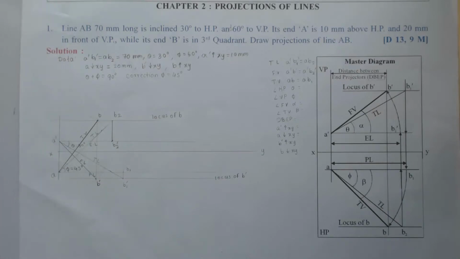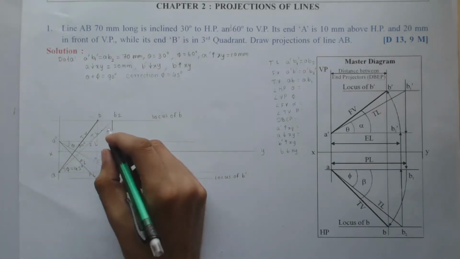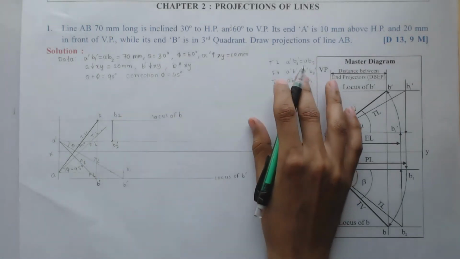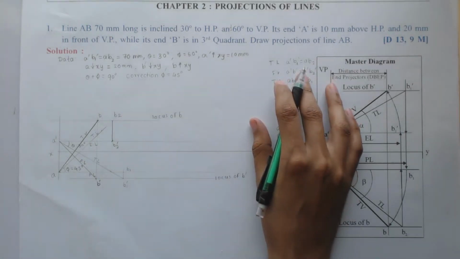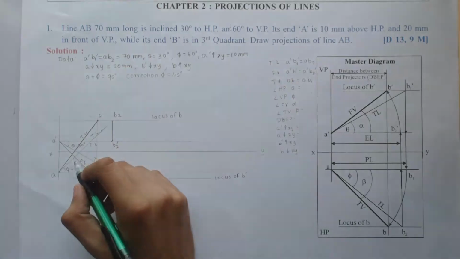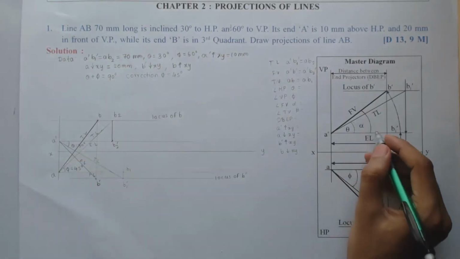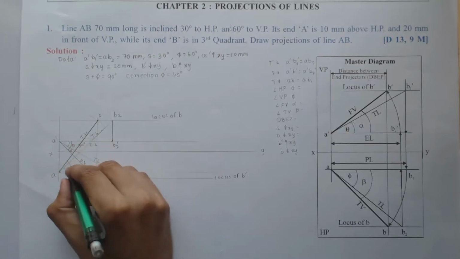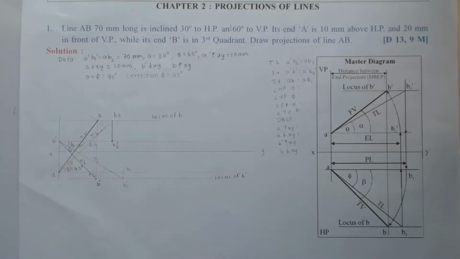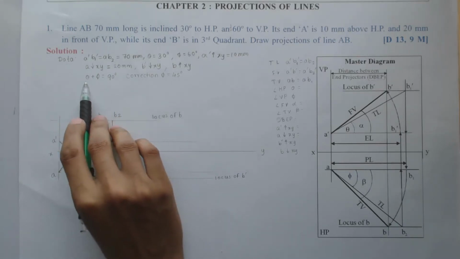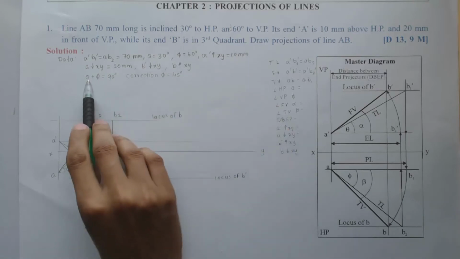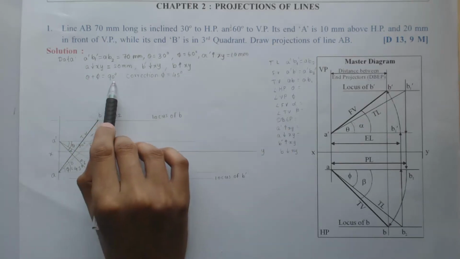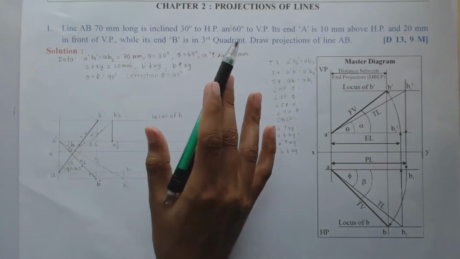Now we are not asked to calculate any angle because already theta and phi are given. So other angles are alpha and beta, so I can just mark those angles, no need to measure alpha and beta. Okay, so this completes the solution for the given problem. Just we need to remember that the original data given was theta plus phi equal to 90 degree, which was the line parallel to PP.